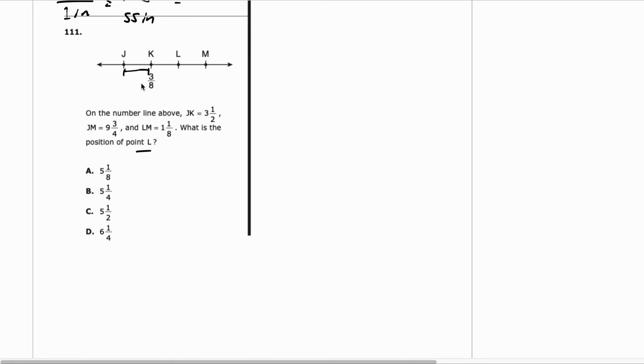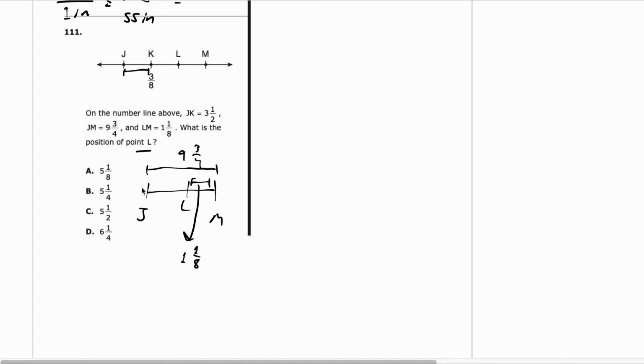Let's think about this. We know this is J, this is M, and this is 9 3/4. And we know LM, so we know this length. We know the length of JM. So LM is 1 1/8.